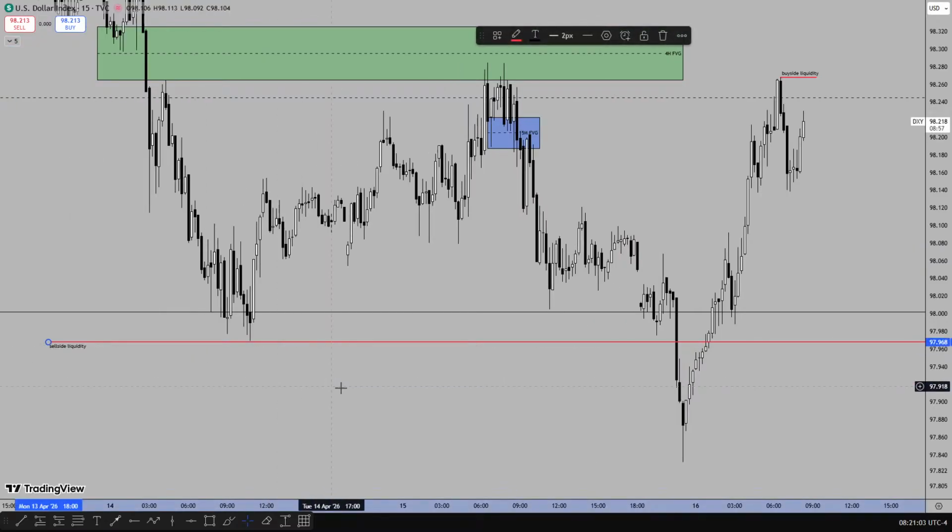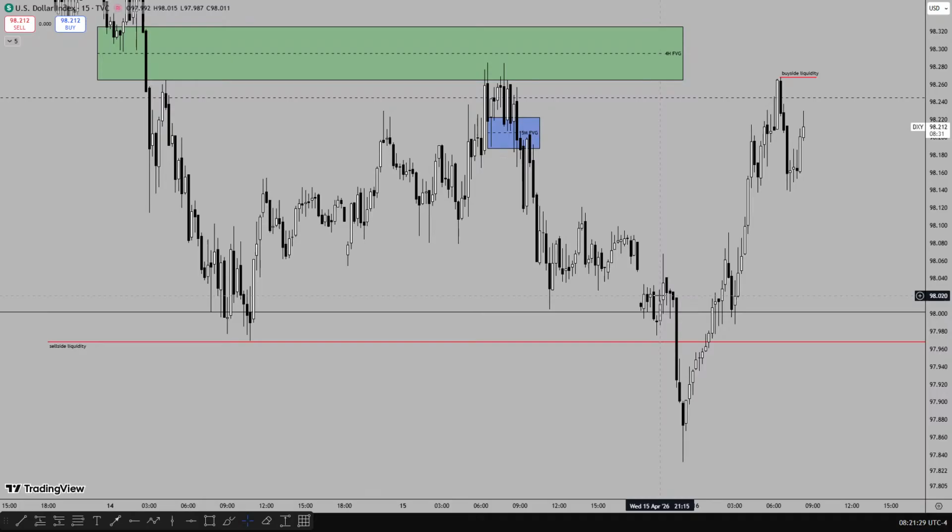Now, price didn't trade to my target completely on Wednesday. It was from the opening price on Thursday, which is today, that led to the expansion that took out the sell side liquidity. So if I were to look at it based off a daily trade plan, I didn't hold the trade till Thursday. I closed my trade on Wednesday, but it was after the opening of the Thursday candle.